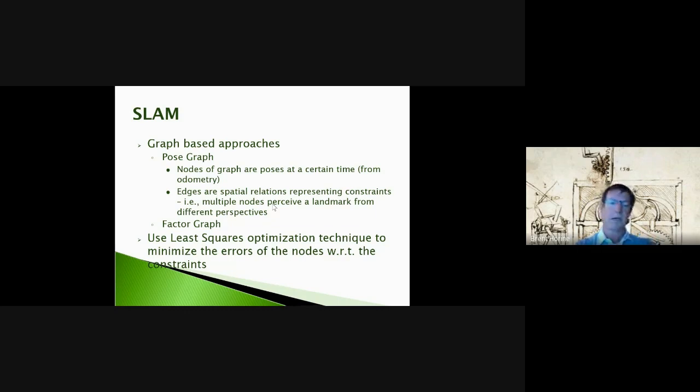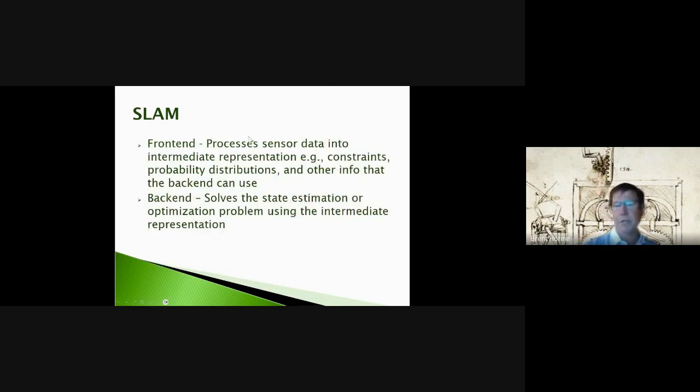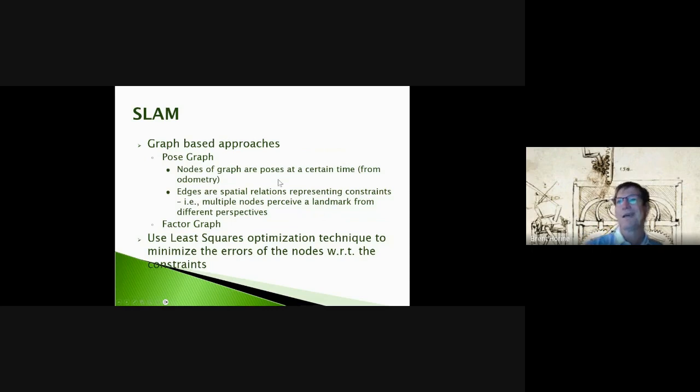If you can match up those perceptions, maybe the front end is processing that data into these intermediate representations, and say, oh, these different nodes are all taking the same feature in the space, we'll call that a landmark. But since they're likely at different locations, they're observing it from different perspectives.